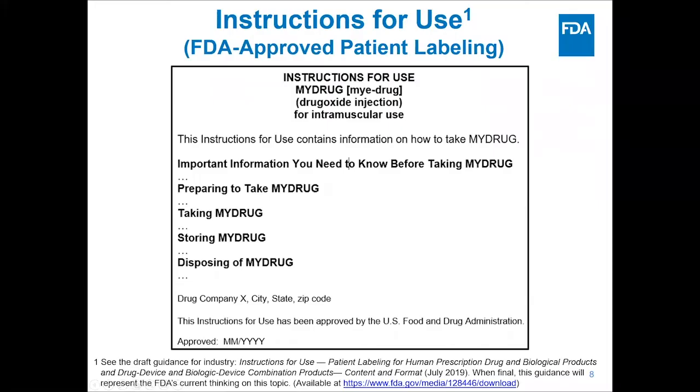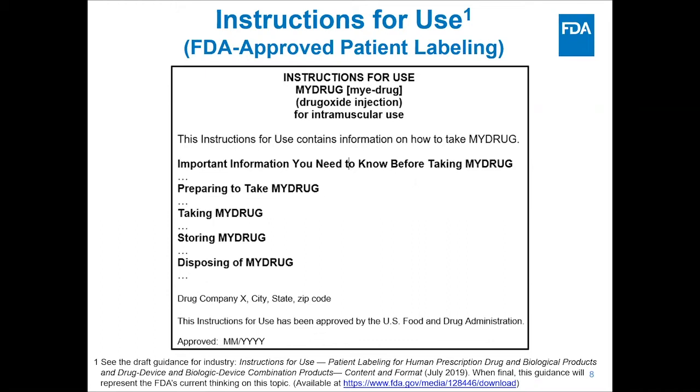Finally, the third main category of FDA-approved patient labeling is instructions for use. We basically approve IFUs only for those drugs that have complicated use instructions. If you take a tablet once per day, it won't typically have instructions for use.